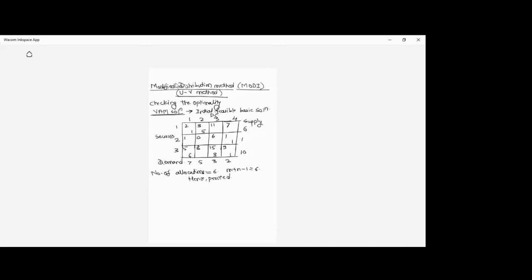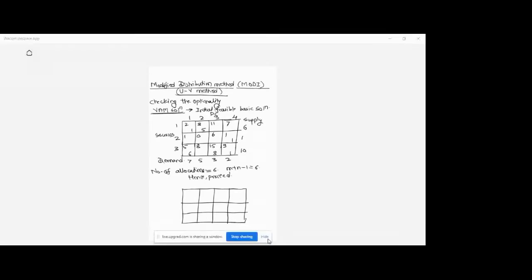Now what we are going to do differently here is allocate some random values, but based on the calculations, right? So we have 1, 2, 3, 4 and 1, 2, and 3.